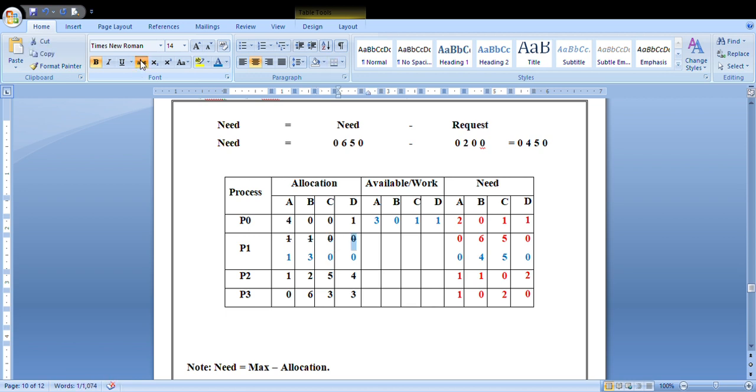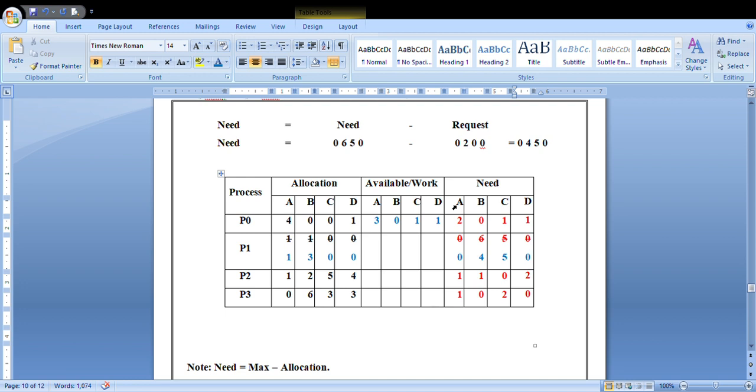Just scratch out the old values so that you won't get confused. So these are the new allocation, available and need values after requesting a new resource from your P1 process.